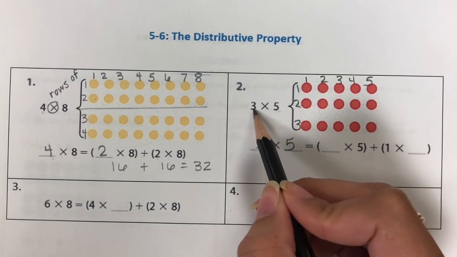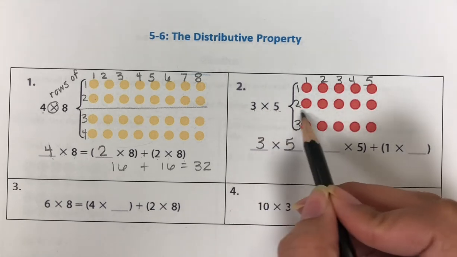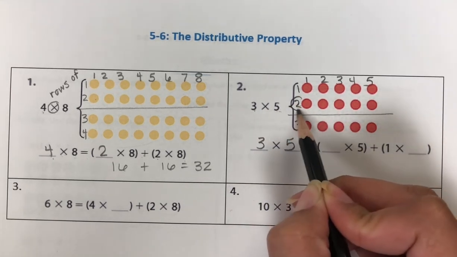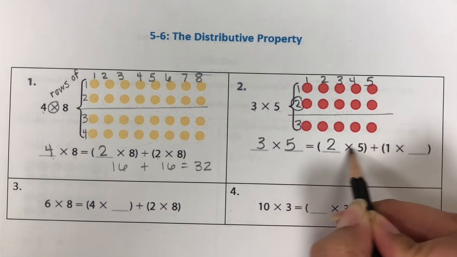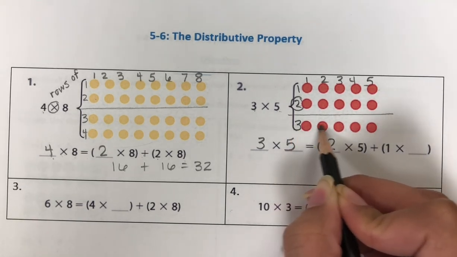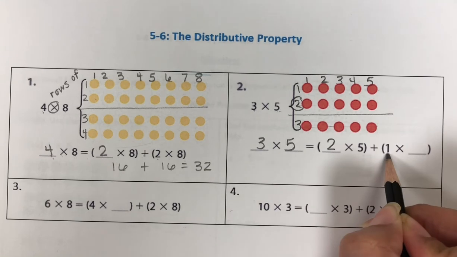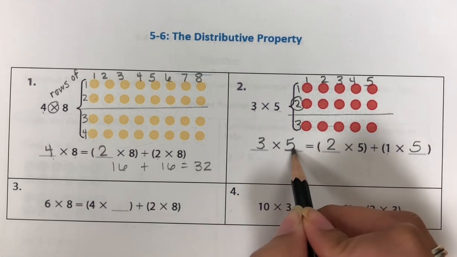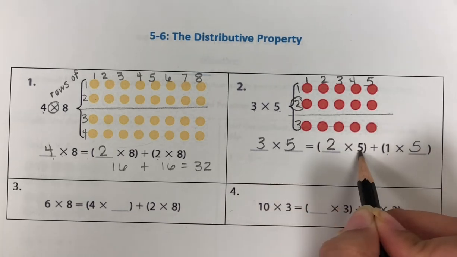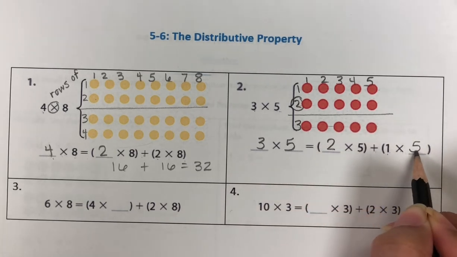The first factor is 3. We're breaking apart 3 into 2 rows of 5, and 1 row of 5. All right? 3 times 5 is the same as 2 times 5 plus another 1 times 5.